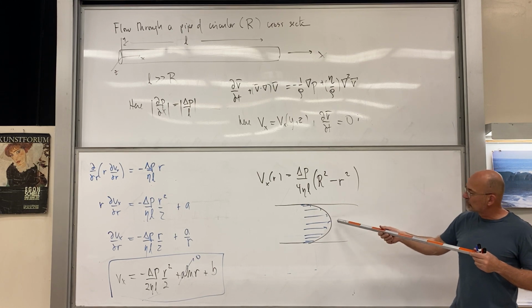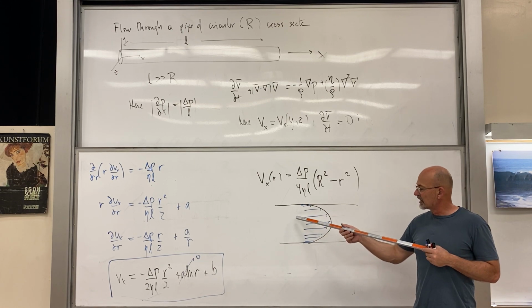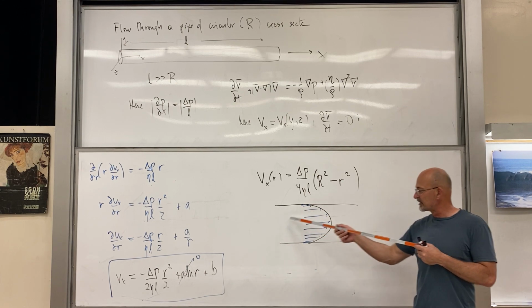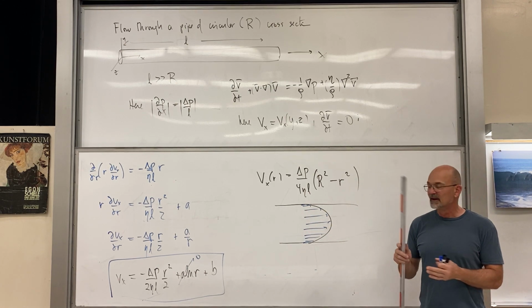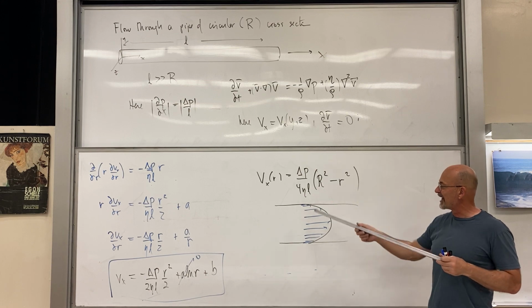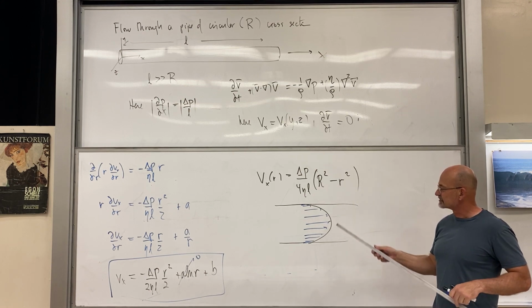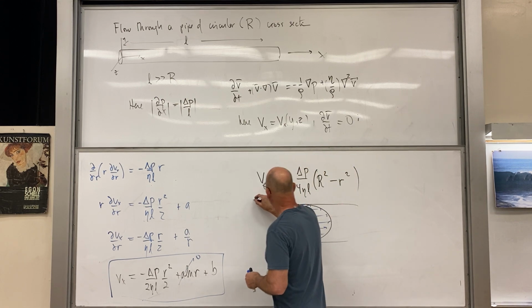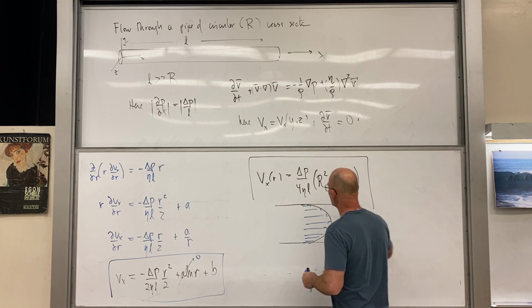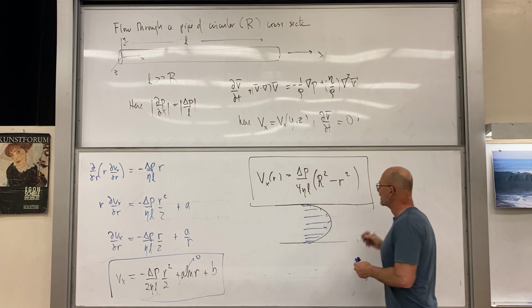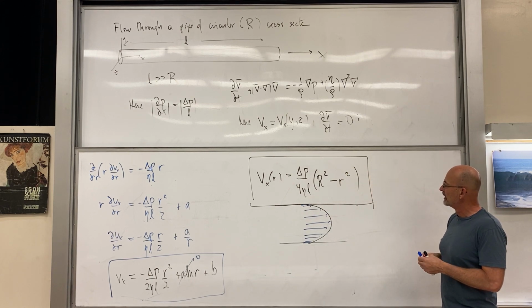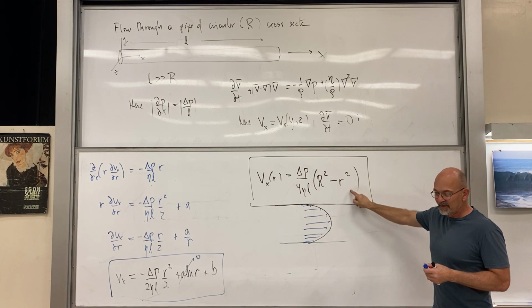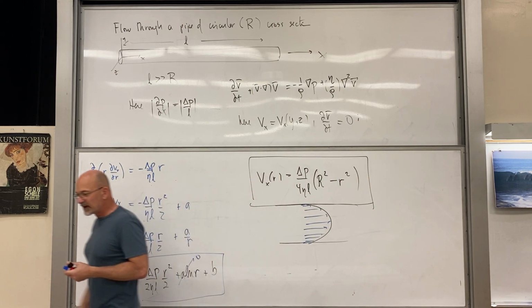You could also get the curl operator for cylindrical coordinates if you wanted to, and you'd find the same thing, but we already found it in the flat channel, which was nice. So this here is the profile, the velocity field, and I think we're going to postpone the rest till next time.